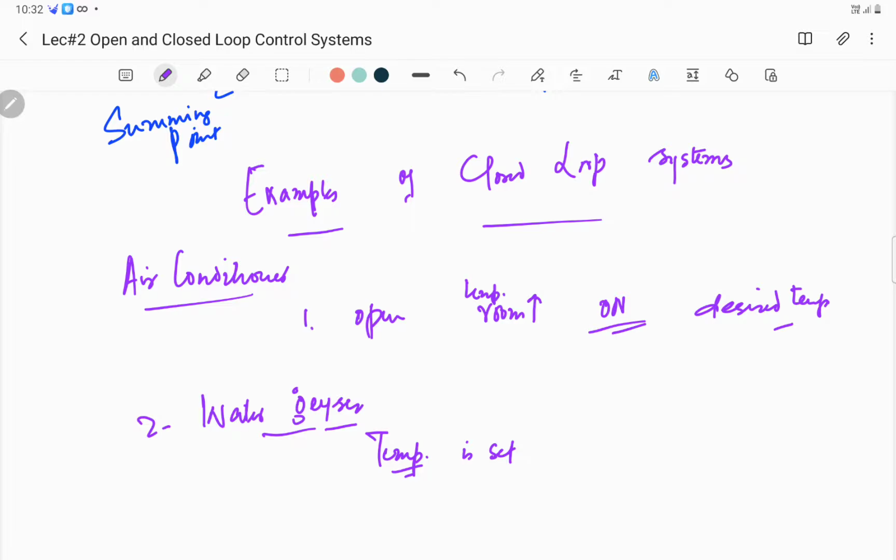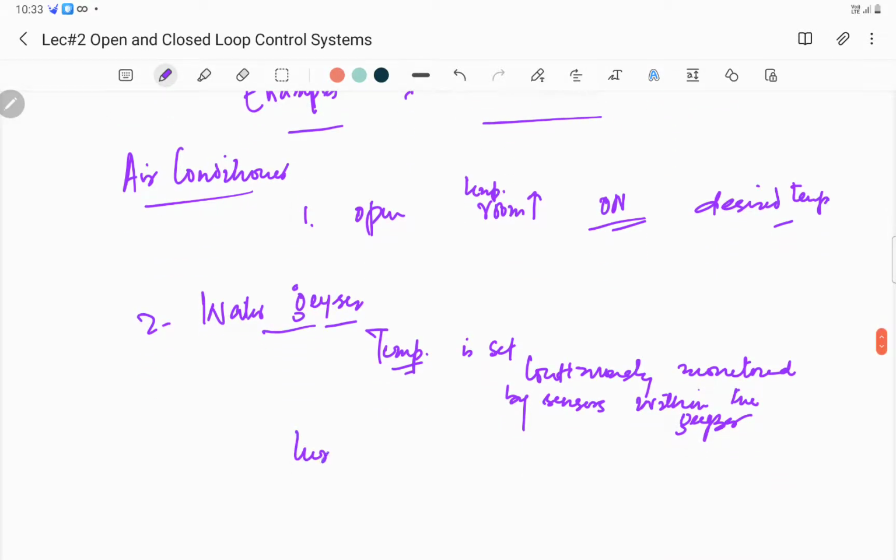This temperature rise is continuously monitored by sensors within the geyser. When the desired temperature is reached, the geyser automatically turns off at the temperature which is already set.